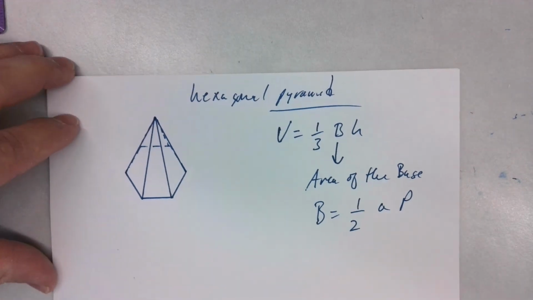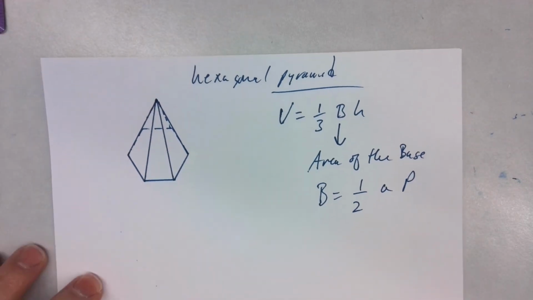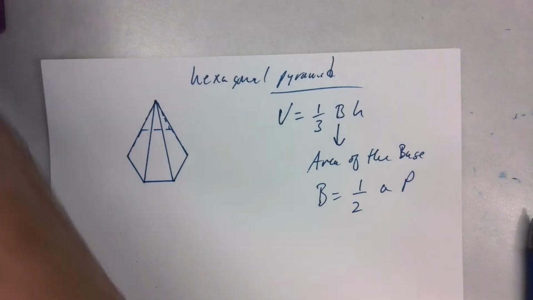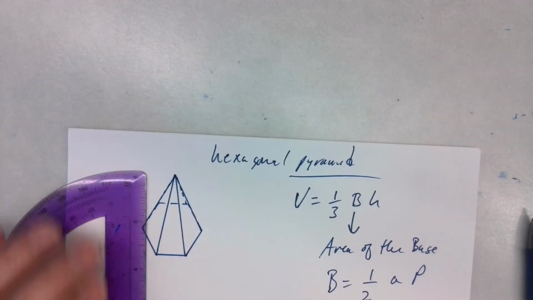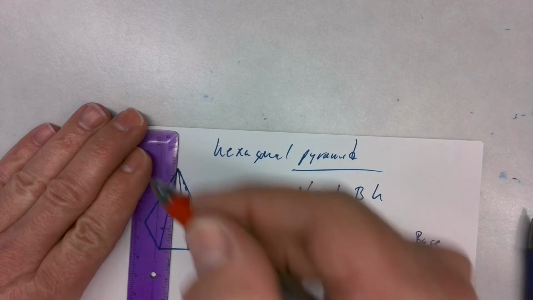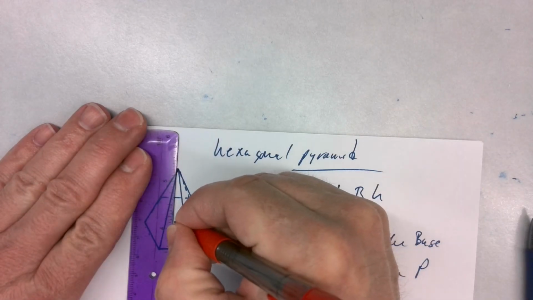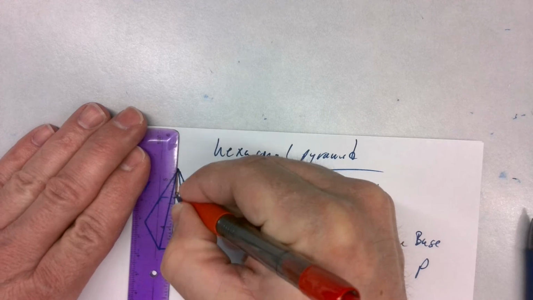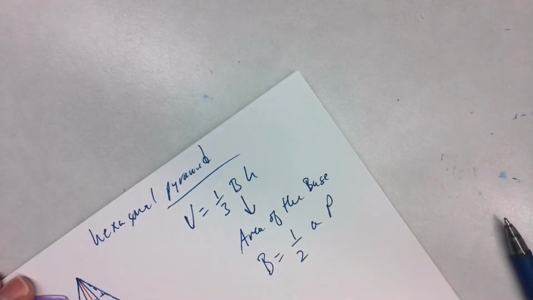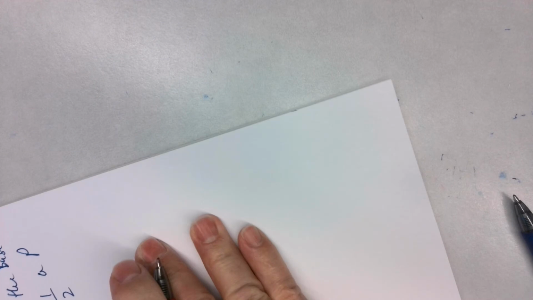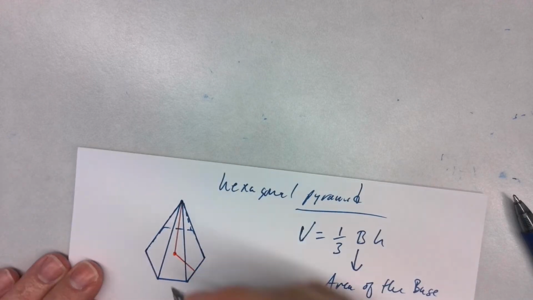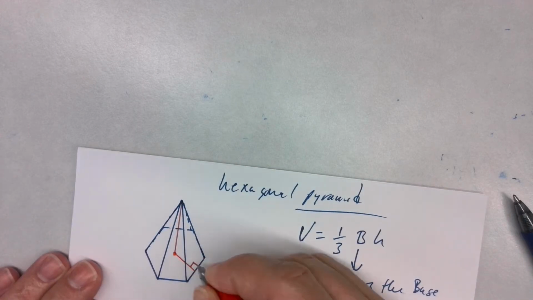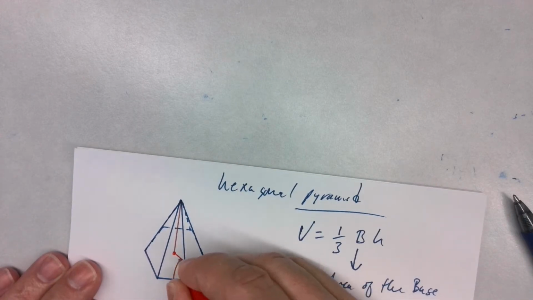Okay? So when they give you a shape like this, they're going to do a couple of things. One is, they're going to have to give you the height, and they'll usually do that. They'll usually put the center down, and then give you the height through the center, and then they will give you this, like that, and this will be a right angle, and that makes this my what?